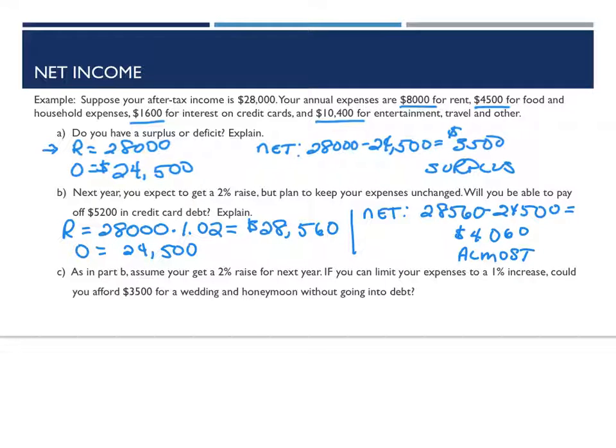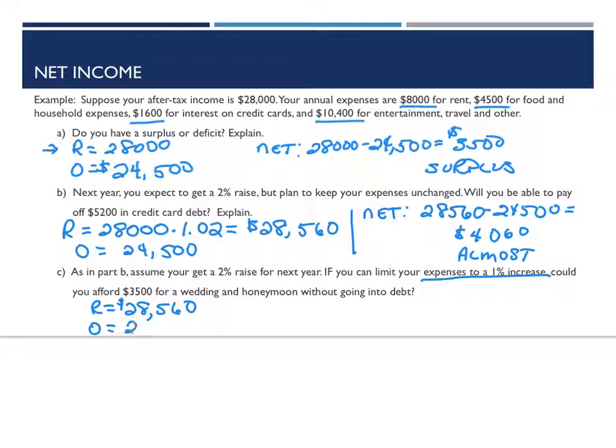Part C, assume you get your 2% raise. Now that doesn't mean another 2% raise. That means let's keep our raise to $28,560. We want to have our expenses get a 1% increase.